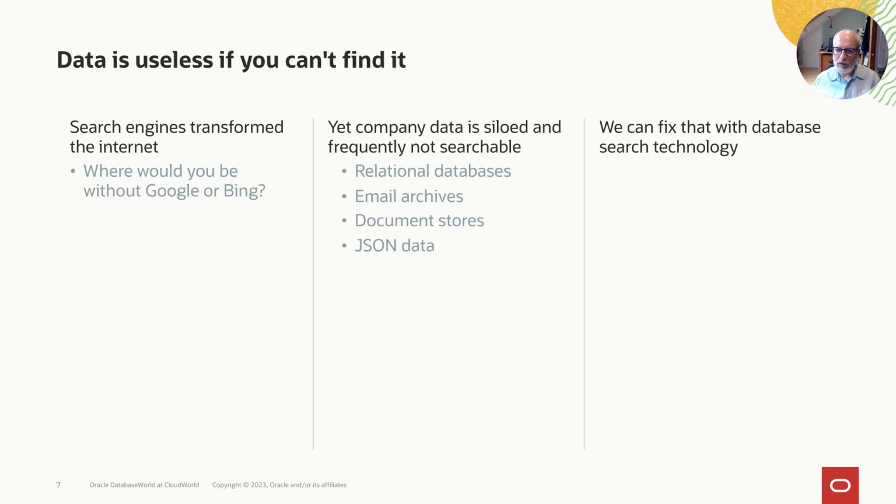But much of this data is siloed away and cannot easily be searched. And that's what we're going to be talking about today, how we can use database search technology to make all of those textual resources currently hidden within your organization into useful data that you can access.